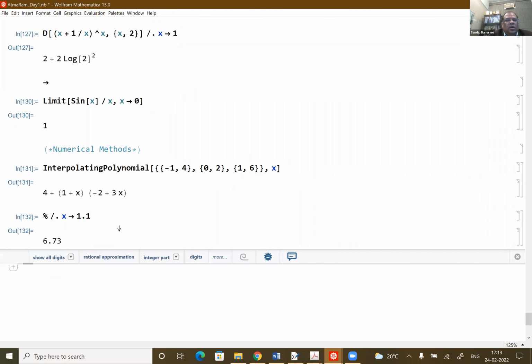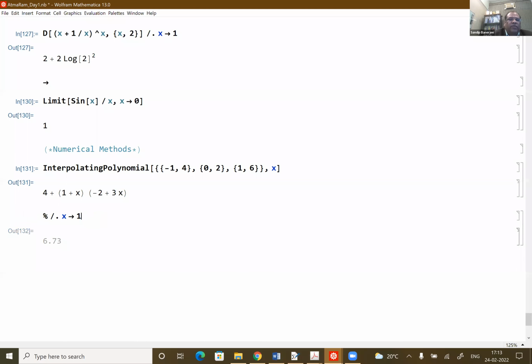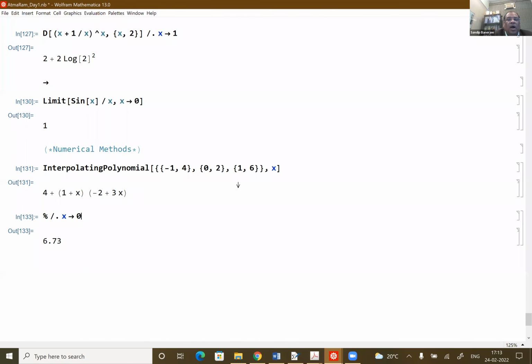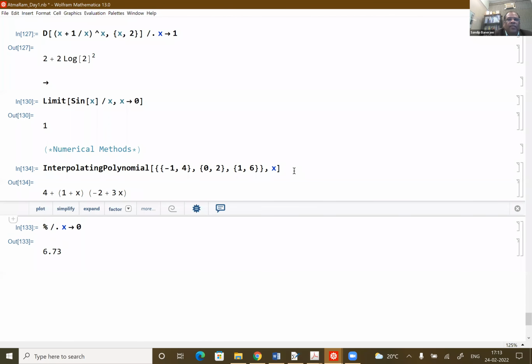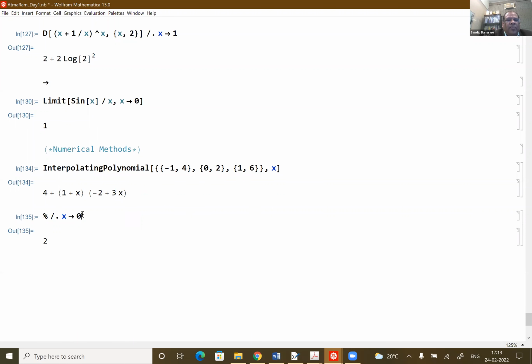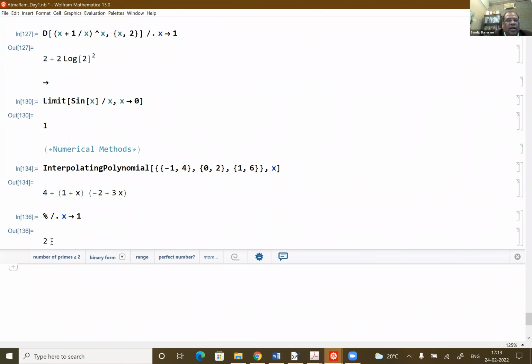Yes. Let me quickly check. If I put 0, it's supposed to give me 4. What happened? Sorry, 2. As you see, if I make this 1 and enter, it is still giving 2.